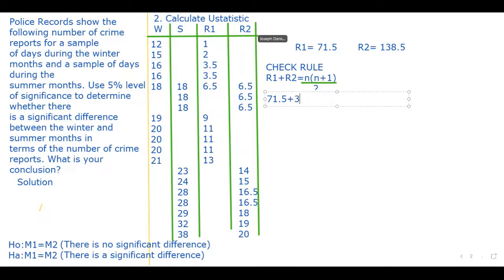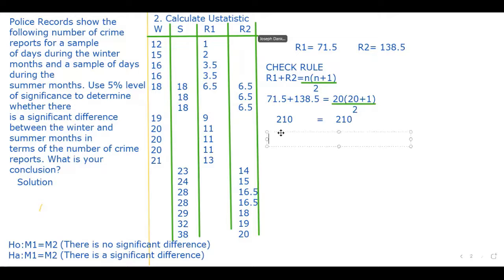I had 210 for each side, 210 for both sides, right? Okay, so we are on track.